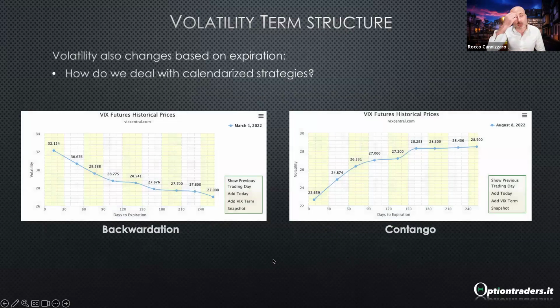But there's another problem. We also talked about the volatility term structure, and we've seen that volatility changes across time, and also the Vega, as I showed you earlier, changes the farther out in time we go. So how do we deal with calendarized strategies?